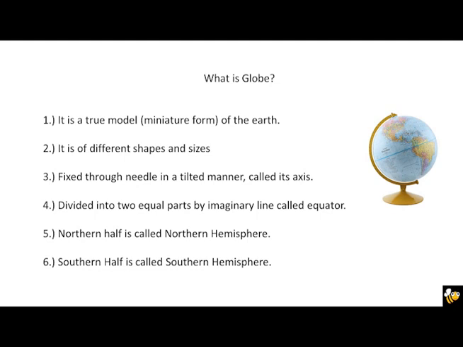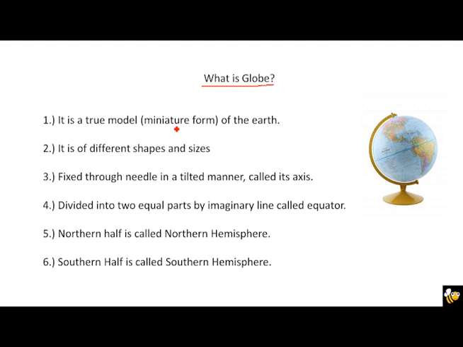So first of all, we have the slide of what is a globe. In this, we have some points regarding the globe. The first is that it is a true model, a miniature form of the Earth. What is the meaning of miniature form? Miniature form means the small shape of the bigger one. It somewhat reflects the Earth's characteristics.